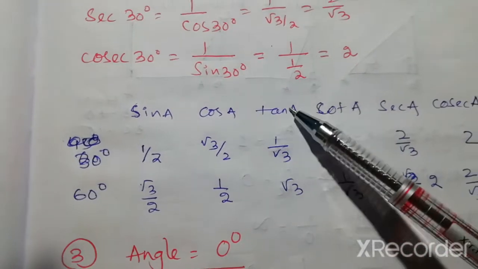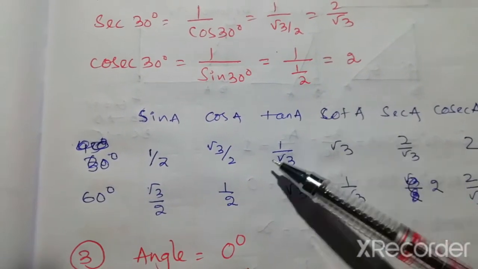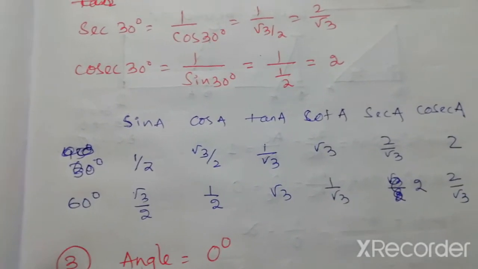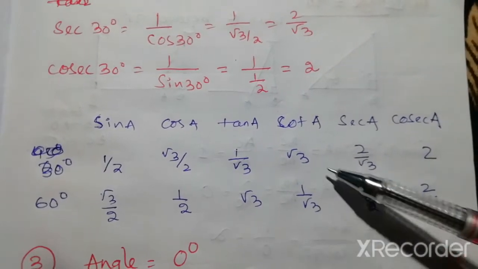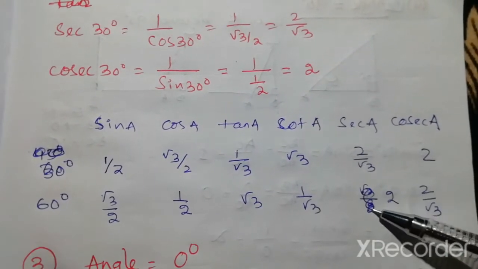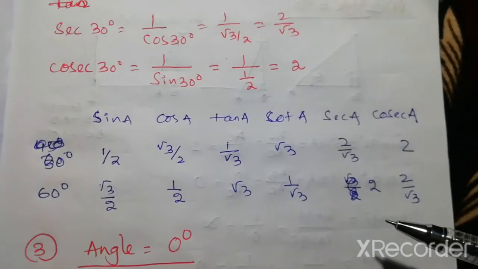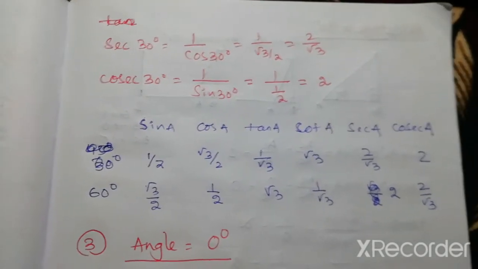Tan 30 is 1 by root 3, tan 60 is root 3. Cot 30 is root 3, cot 60 is 1 by root 3. Sec 30 is 2 by root 3, sec 60 is 2. Cosec 30 is 2 and cosec 60 is 2 by root 3.